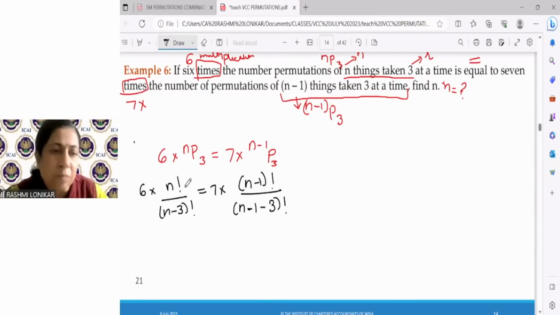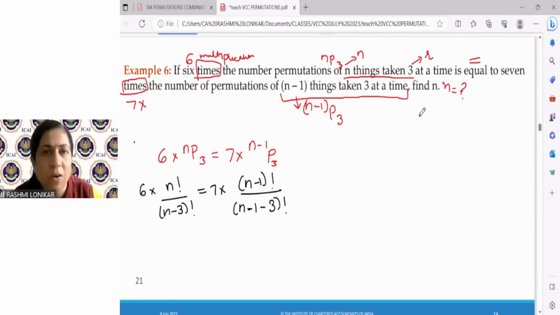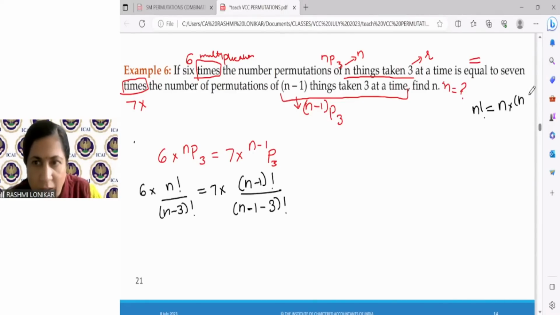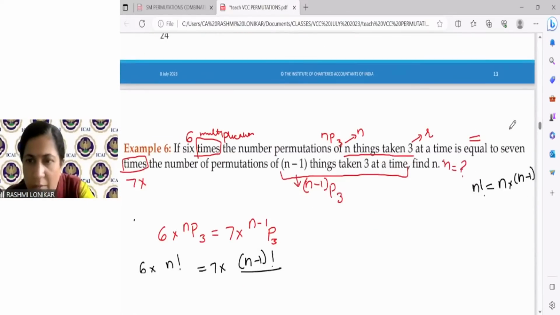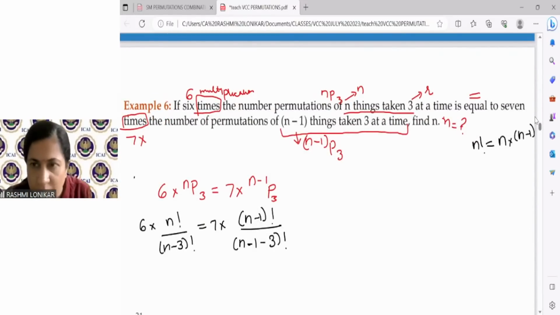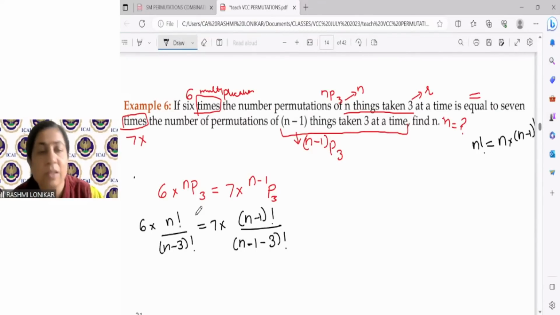Now, if I remember the formula, excellent. If not, I will follow the golden rule. n factorial can be written as n into n minus 1 factorial. Why do I want this? Because on the RHS I can see n minus 1 factorial.